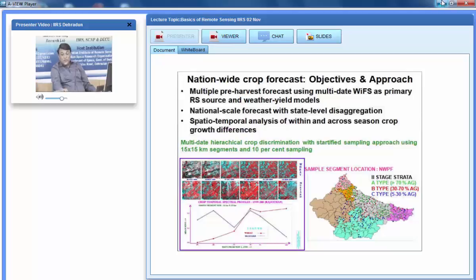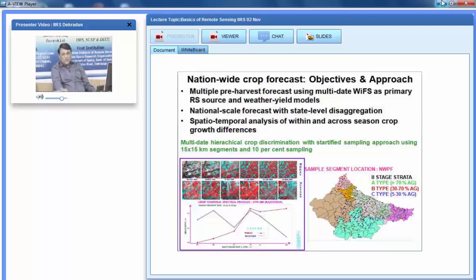So if you frame a decision rule for the particular date, like flowering, if NDVI is greater than a particular threshold here and the dip, the difference between this and this divided by a certain threshold, then you can have a very good crop discrimination of mustard crop from the wheat crop. So this flowering stage is more ideal to devise a rule for the mustard crop.